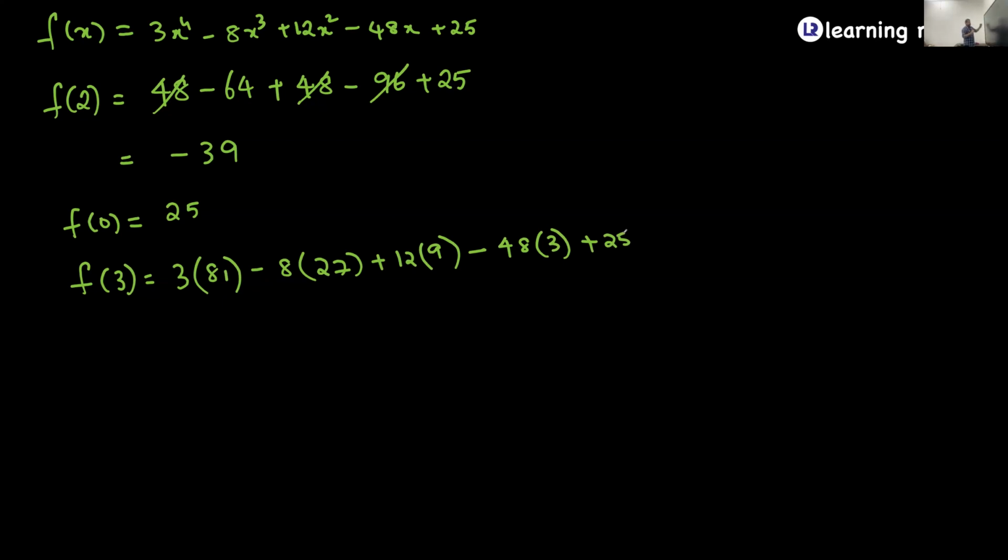Right. So what are we going to get here? This will be 243 minus, this is going to be 56. So 56, 1 will go, 16, 176, right? 12 into 9, 48 into 3, 144 plus a 25, right?